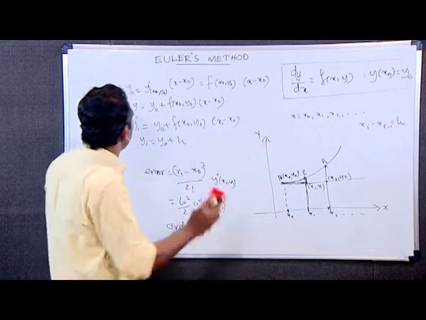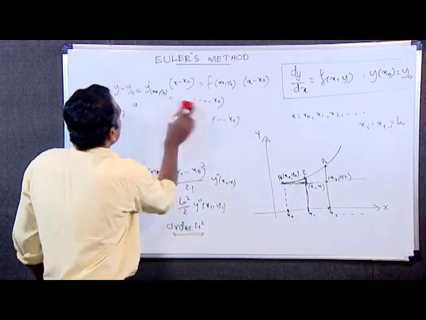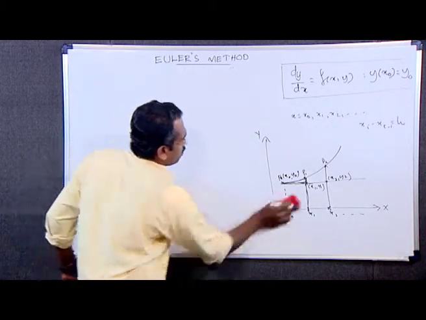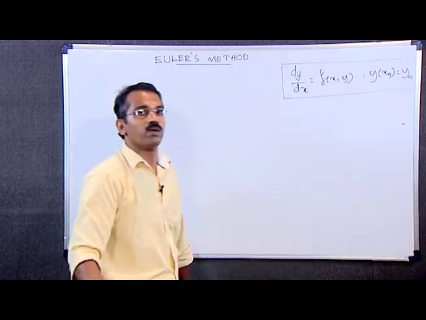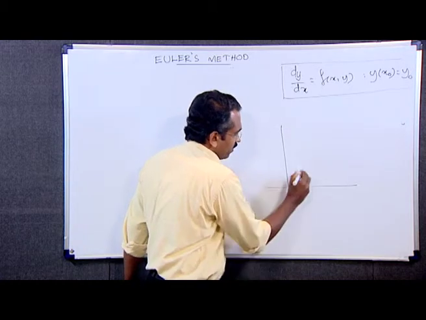Now, in the case of improved Euler's formula, let the tangent at x0, y0 to the curve be P0A.